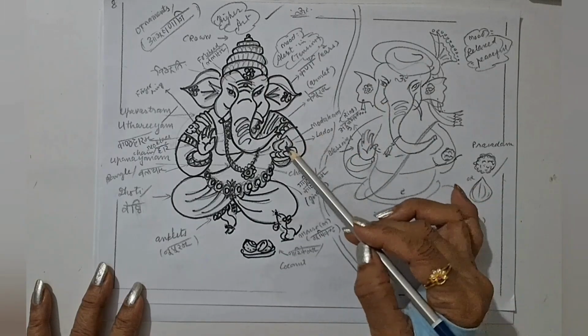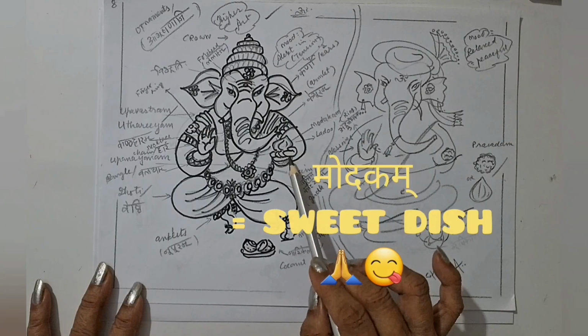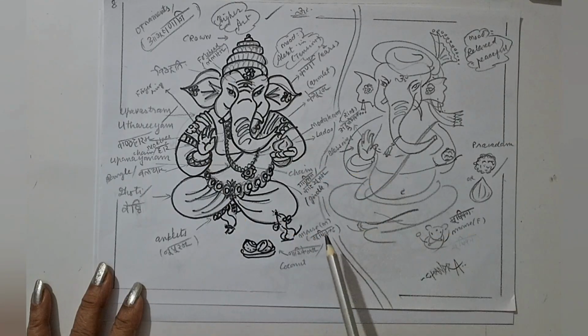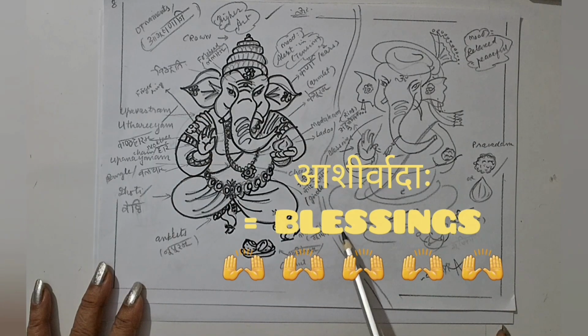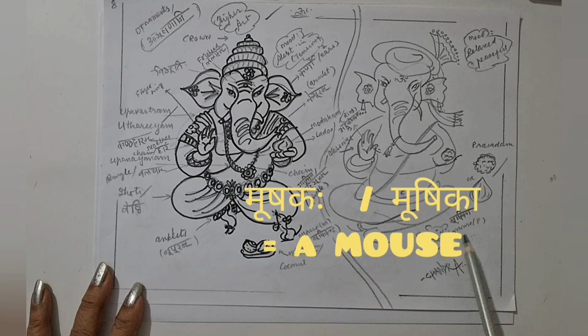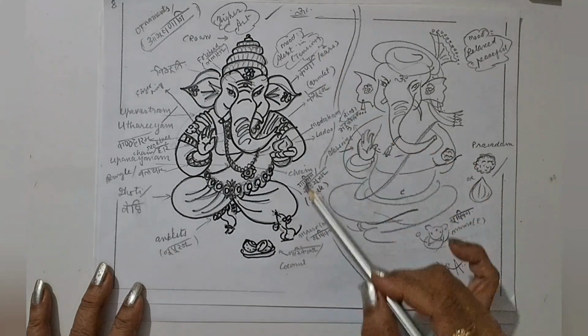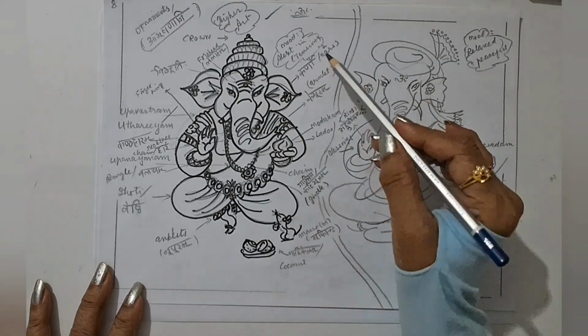Then he holds a modakam or a ladu in his left hand, and with the right hand he blesses us. This is Mushikaha, or you can call her Mushika, female. Narikelam, there is no ada in Sanskrit except in the Vedas. So Narikelam, okay, it's the broken ones you have seen here.